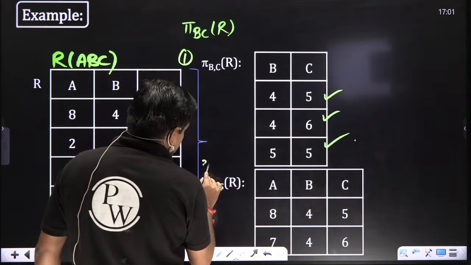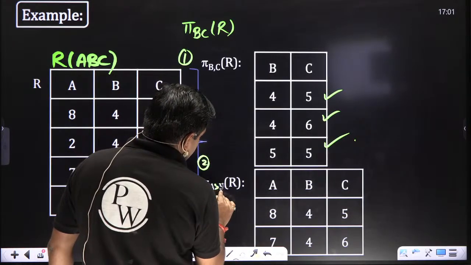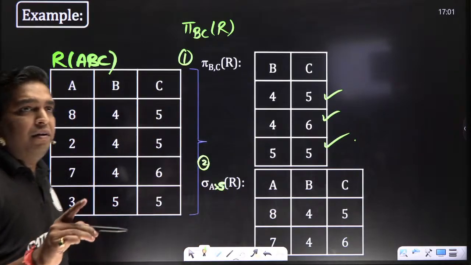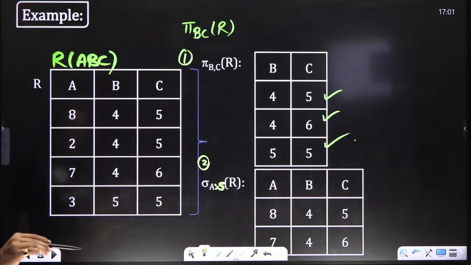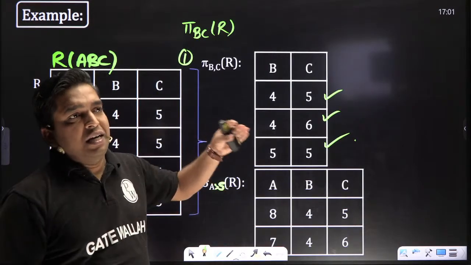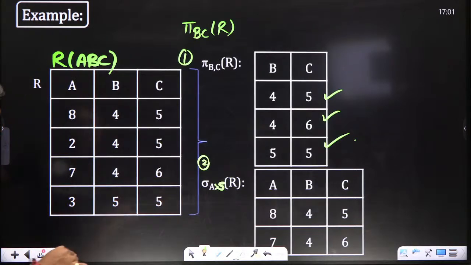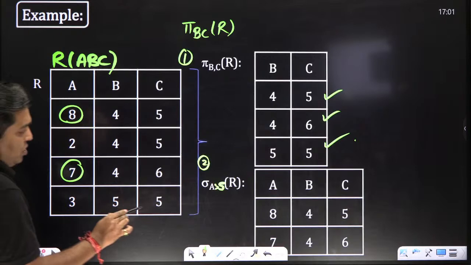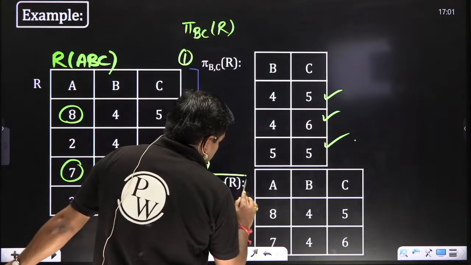Second question: if I want A greater than 5, what do I apply? A is greater than 5, my dear. So where is A greater than 5? This one and this one, because I will not project any attribute.